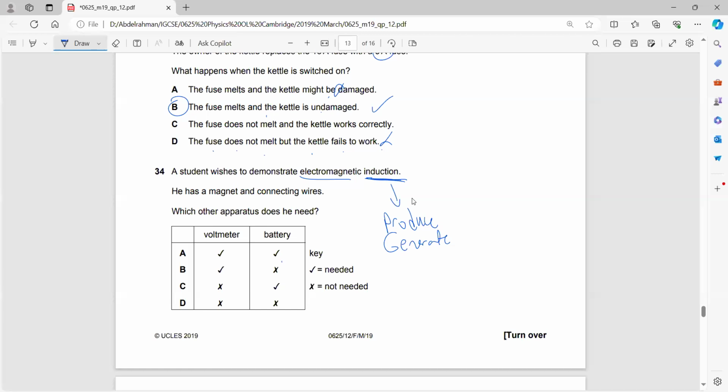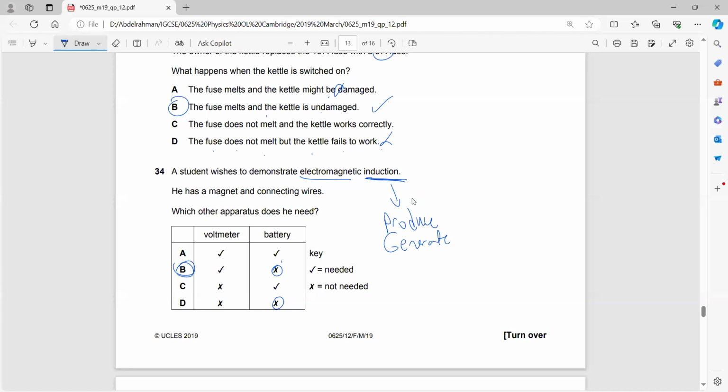Do you need a battery? You don't need a battery. You need to generate this current, so you do not need the battery. Yes, you do need a voltmeter, because you need some indicator to tell you whether there is a current or not, whether there is a voltage or EMF.